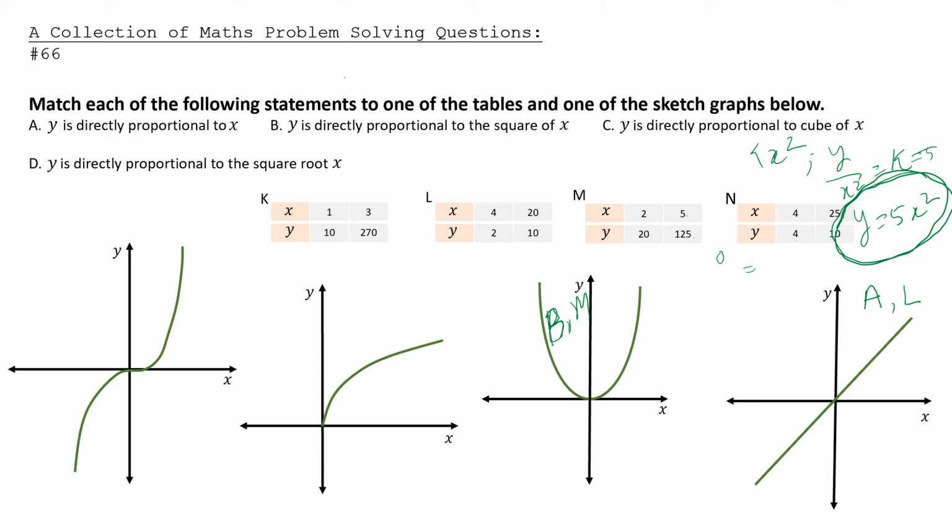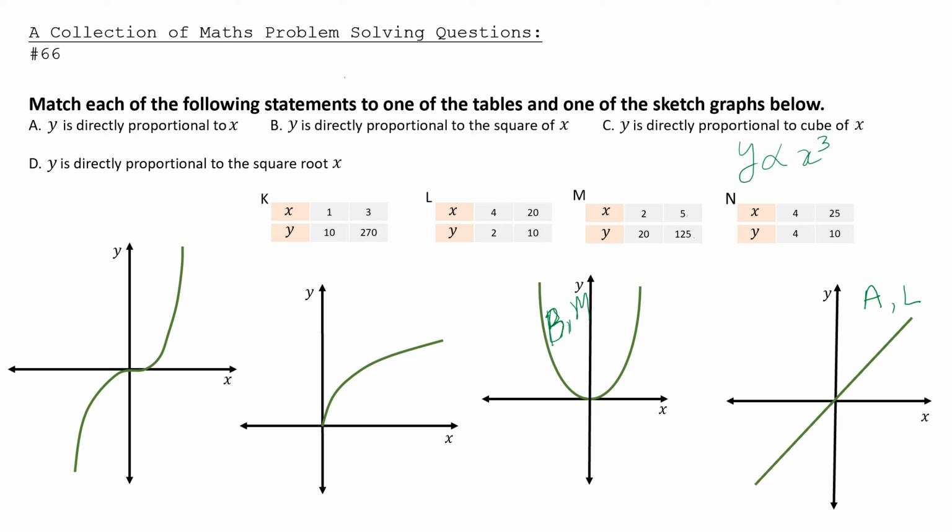For the third one, it tells us y is directly proportional to the cube of x. So once again, y is directly proportional to x cubed.